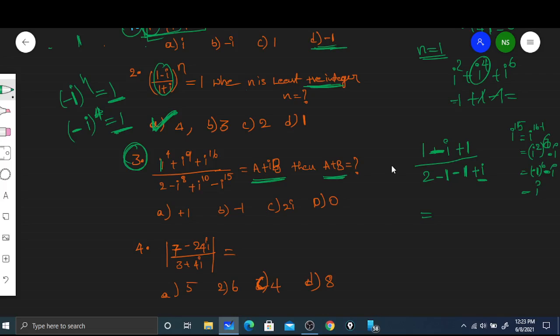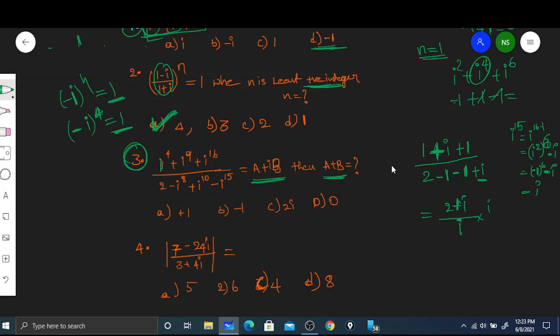Then if we simplify this, 2 minus i divided by i, we will get 2 plus i divided by i.